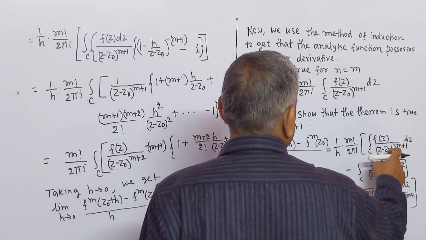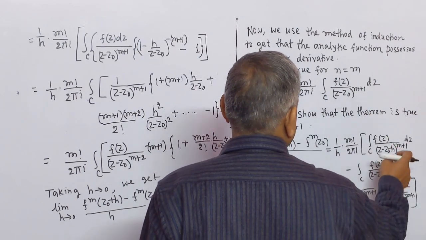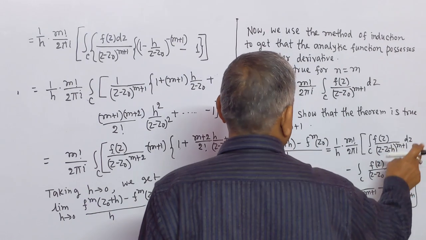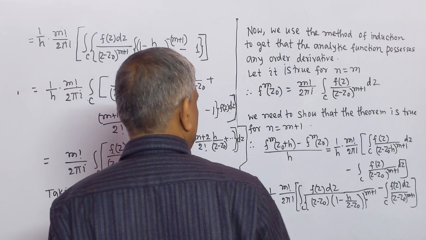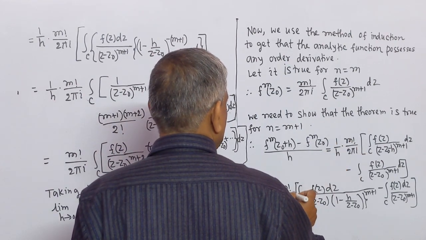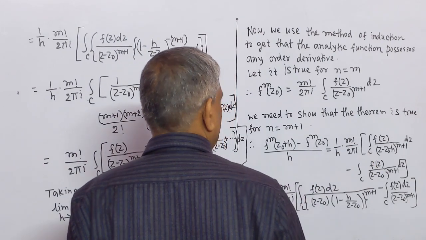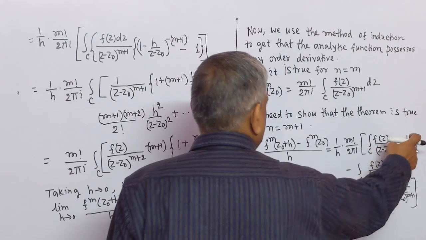On the right side we take common 1 by h factorial m by 2 pi i, and we write f(z) dz.